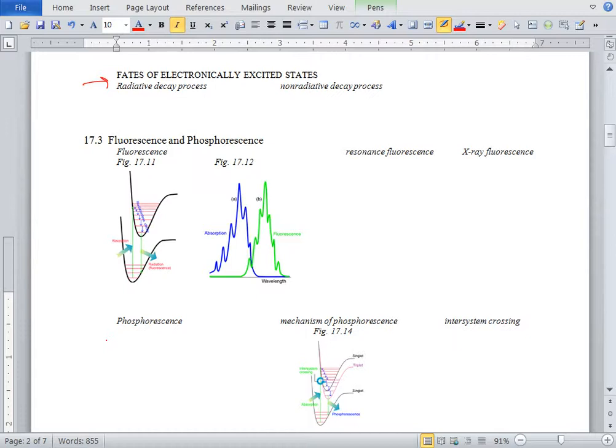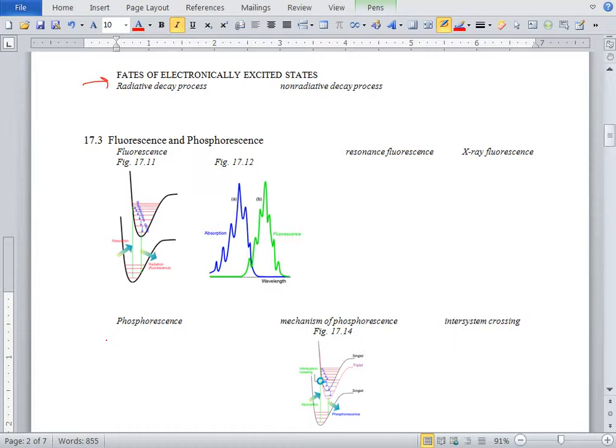The fates of electronically excited states. I guess there are two ways to get back to the ground state: radiative and non-radiative. So what does that mean?